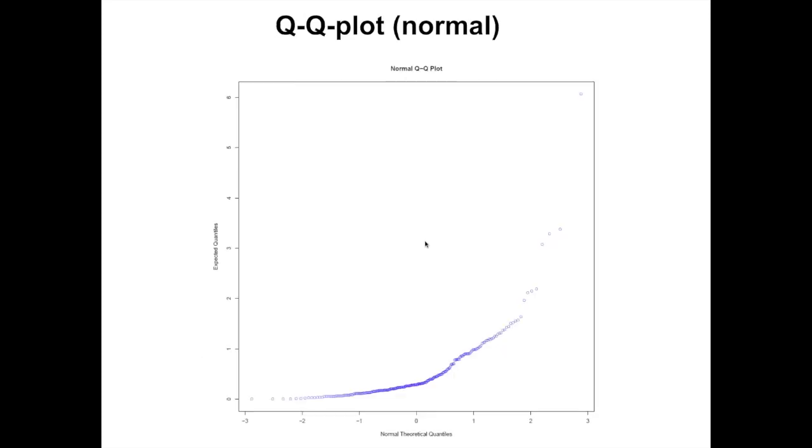So this is a QQ plot. As we see here, this is comparing the normal theoretical quantiles and the expected quantiles. And what we see here is that there is tremendous skewing in this phenotypic trait.